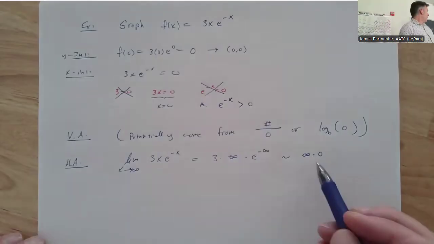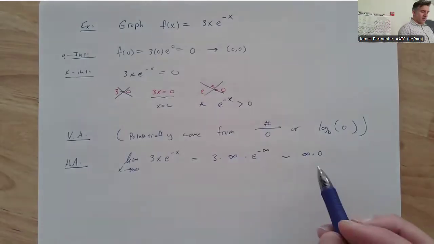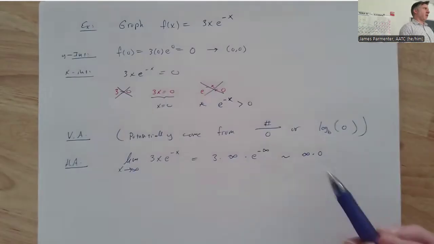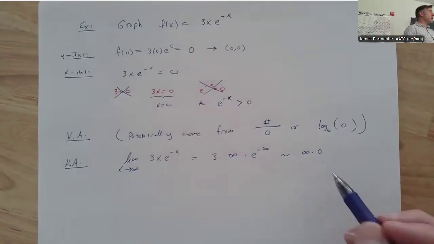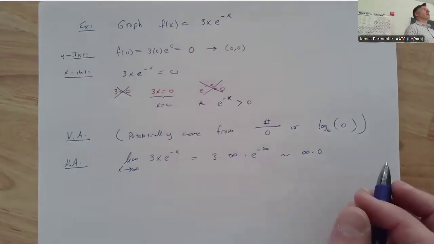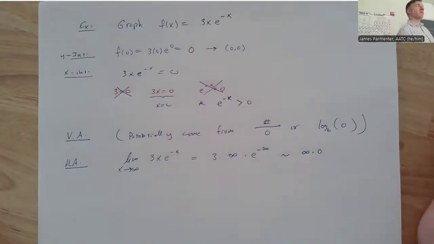So I should point out, this doesn't mean infinity times 0. What this means is a really, really big number times a number that's really, really close, but not equal to zero. Because if it was actually zero, zero times something would just be zero. But it's not.